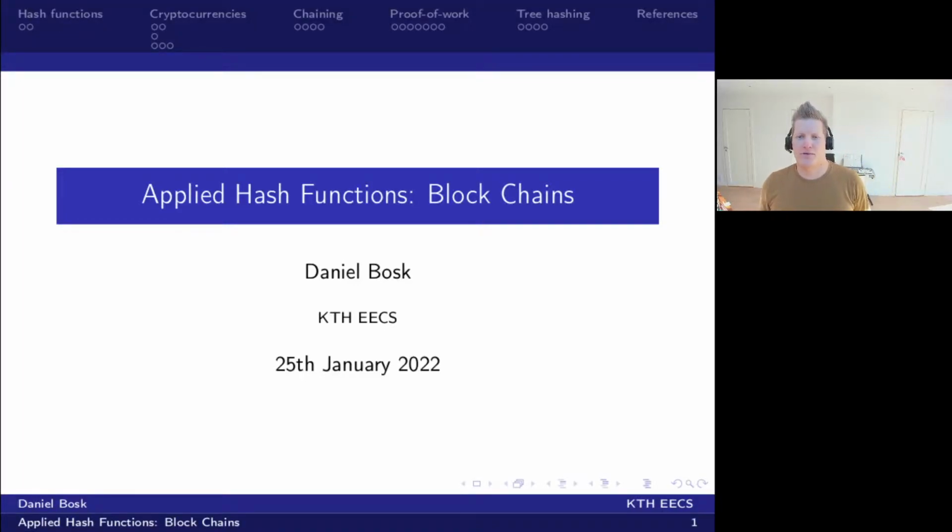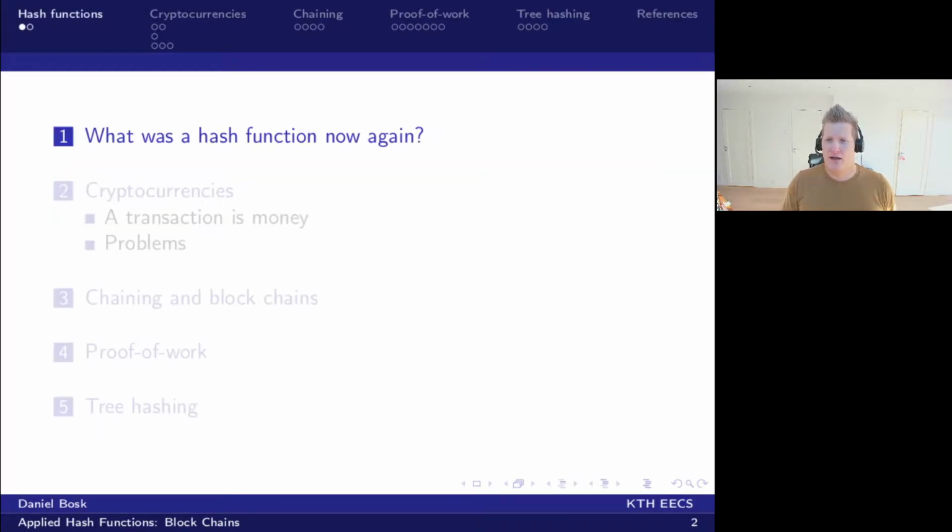Okay, so now we're going to talk about applied hash functions, and particularly hash functions applied in blockchains. We will first recap what a hash function is, and then we'll start talking a bit about cryptocurrencies and what the main problems are there that we need the hash functions to solve.